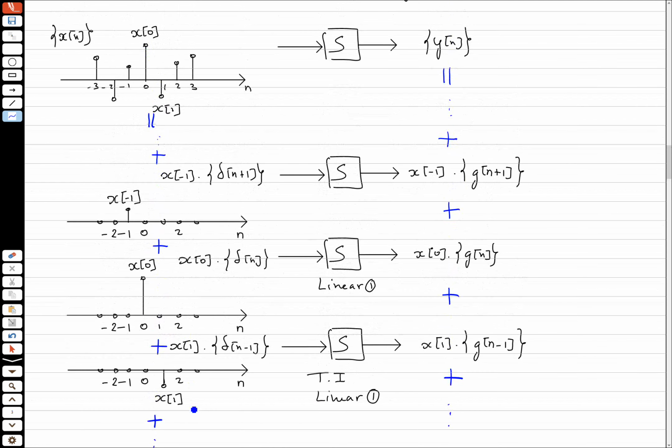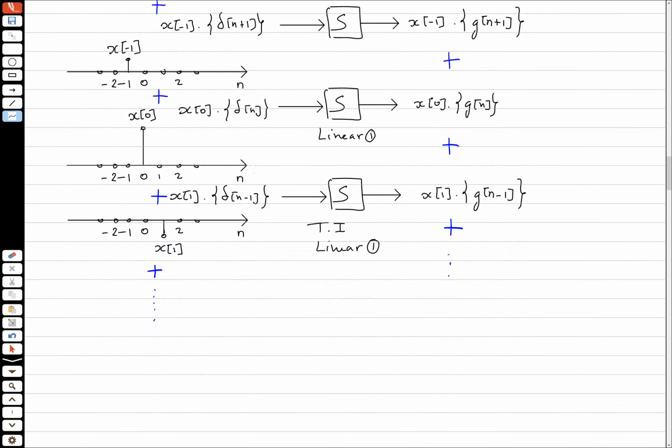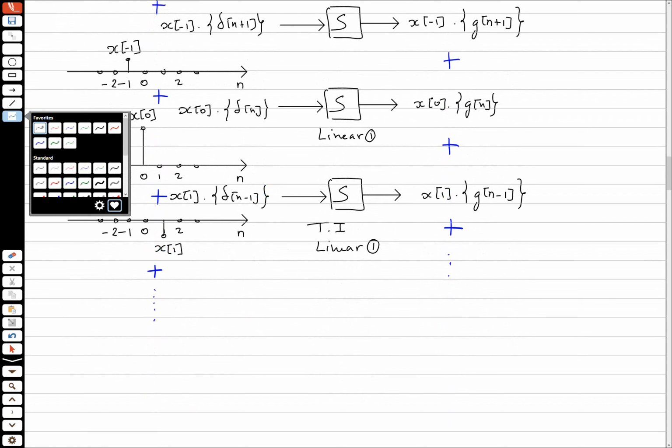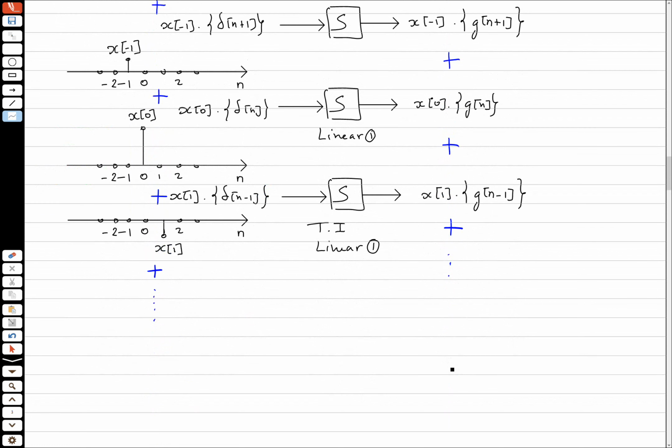Now we want to see some formula, right? Because for an engineer, it's not very practical to do all this. So from a mathematical viewpoint, what did we find? We found that x of n is equal to x of 0 delta of n plus x of 1 delta of n minus 1.